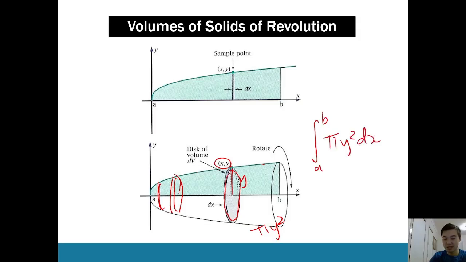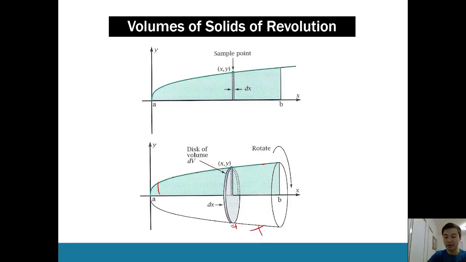dx, because the widths of these slices are going to be delta x, a small change in x. So when we sum up all of these discs, we get the integral from a to b of pi y squared dx. That's where the formula you learned comes from.